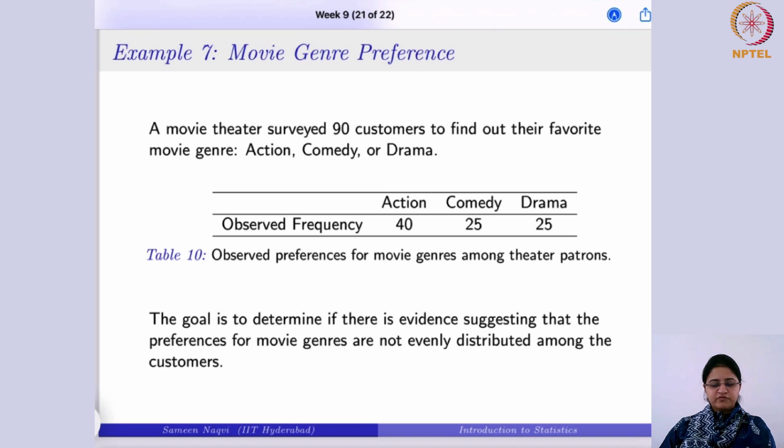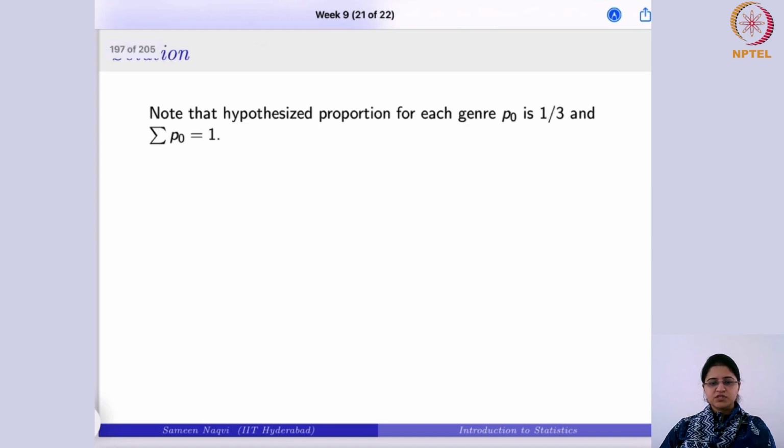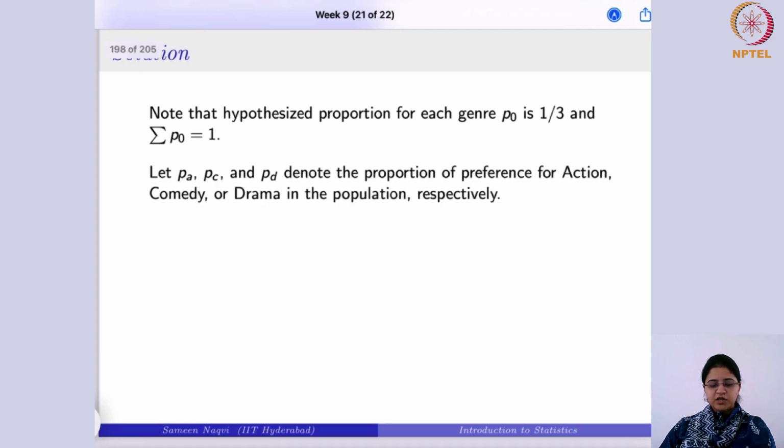So in order to find the solution to this, what we will do? These are the observed frequencies. First of all, we will write the null hypothesis and the alternative one. Since here the hypothesized proportion for each genre is 1 by 3, and if you sum it up, it would be 1, right?